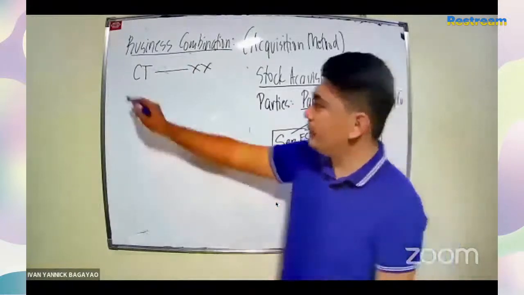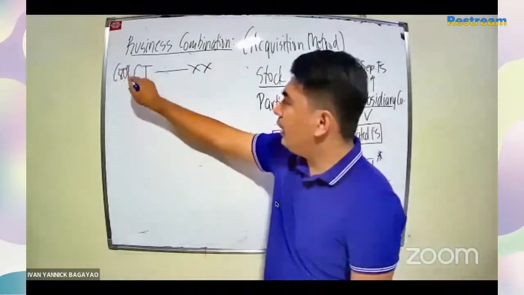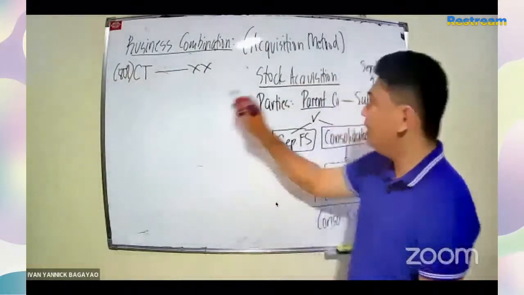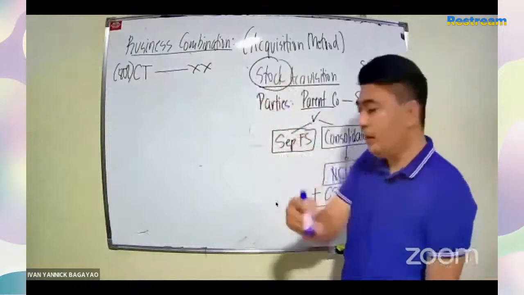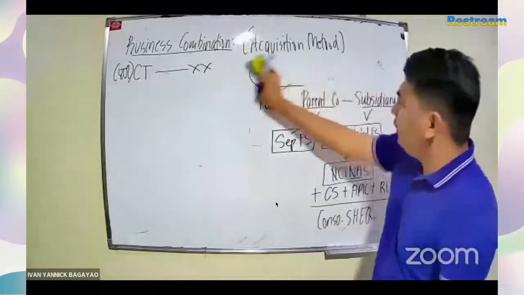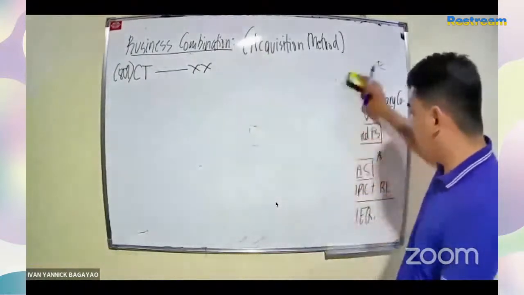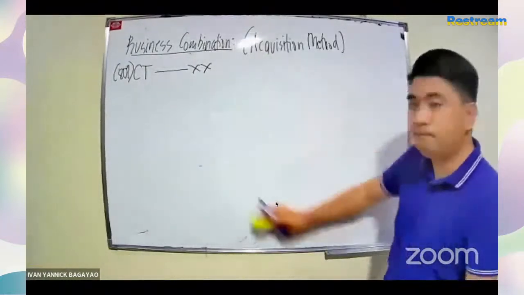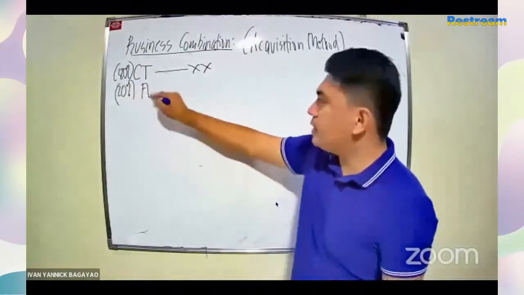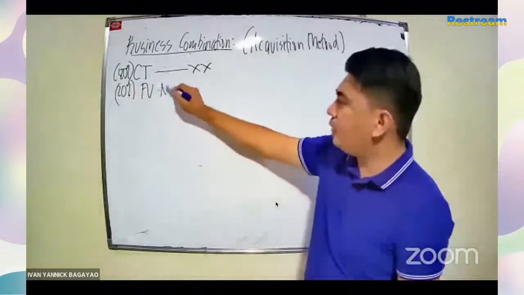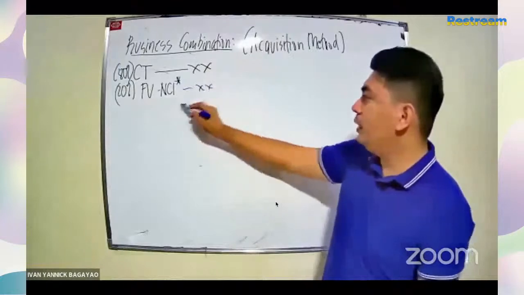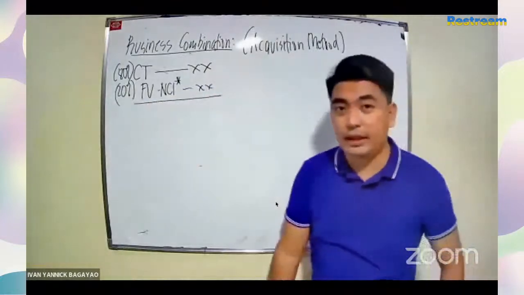For example, it bought only 80% of the stock. Earlier, net asset was being bought; this time it is stock, which is evidence of ownership. If it buys 80%, the 20% is not his. How do we value this 20%? This 20% is known as the fair value of the non-controlling interest. I will put an asterisk plus. How is this computed? It depends.